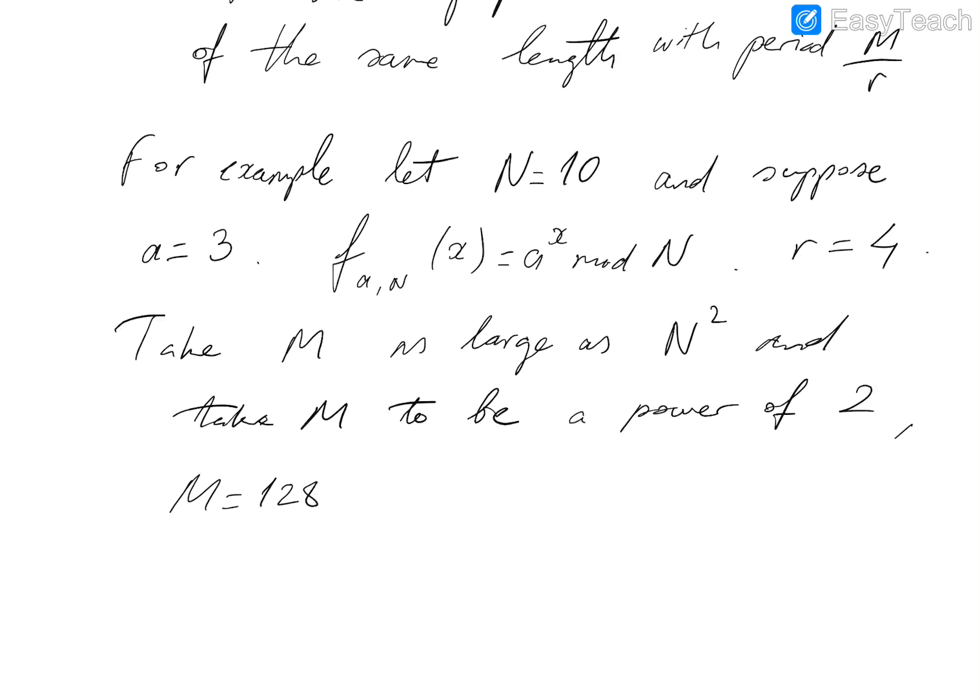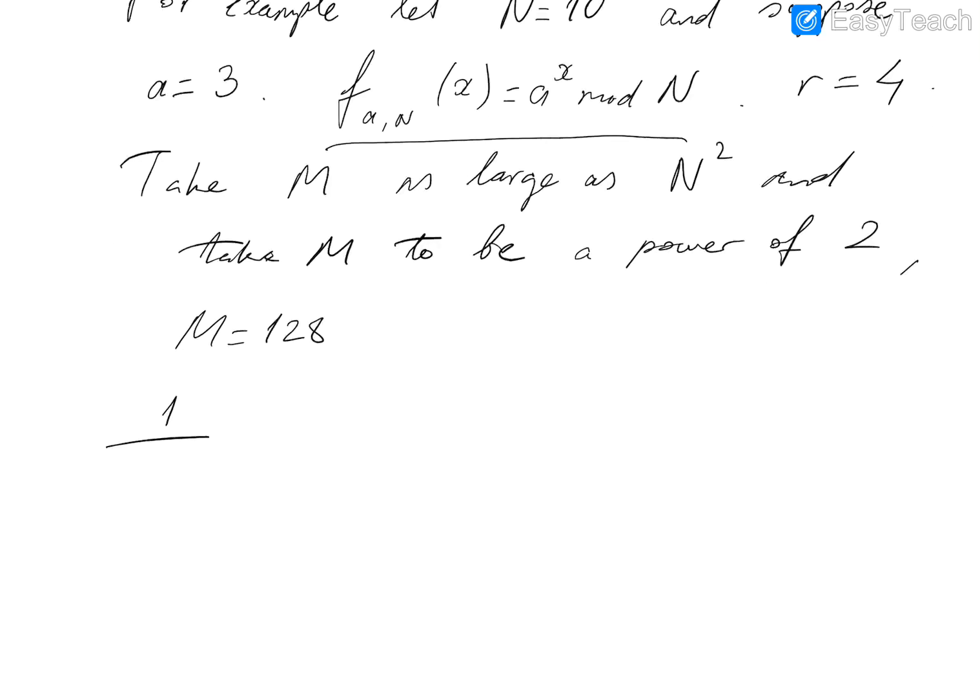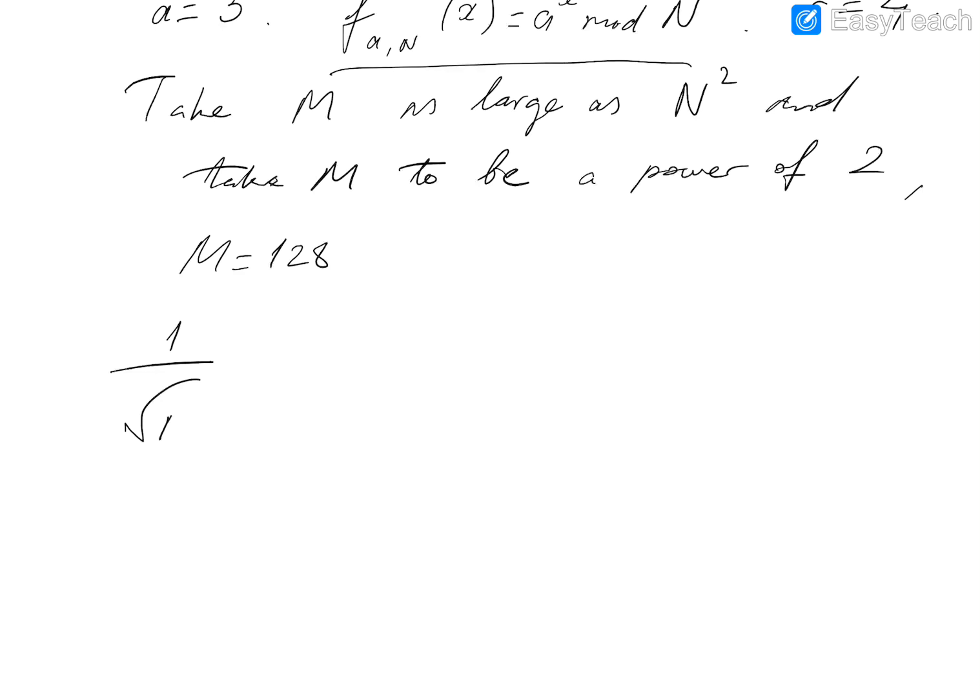But given this function f of a^x mod n, a periodic superposition state would look something like this.